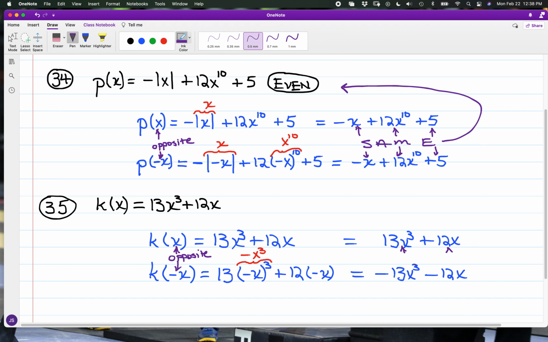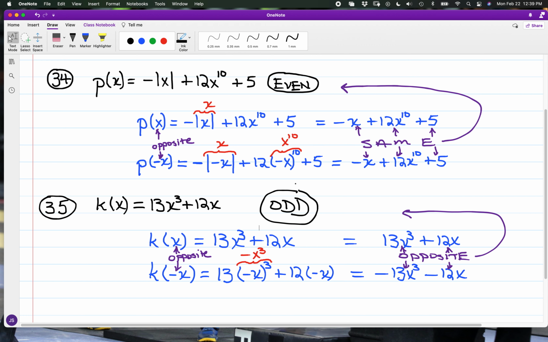And guess what? Instead of being the same, we're going to have opposite sign outputs. So in this case, opposite sign inputs lead to opposite sign outputs. And so this means that for k of x, this is going to be an odd function. So opposite sign inputs lead to unanimously terms in the output that will be of opposite sign.